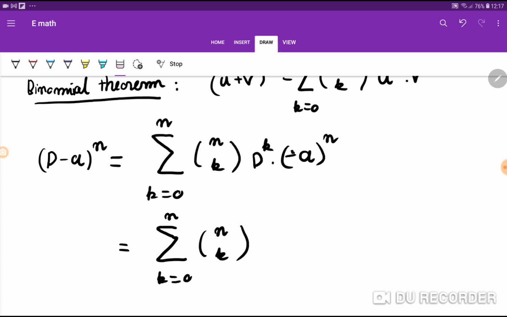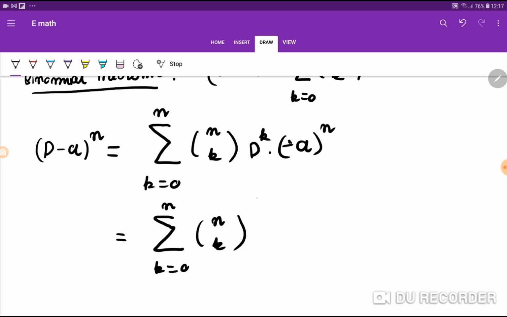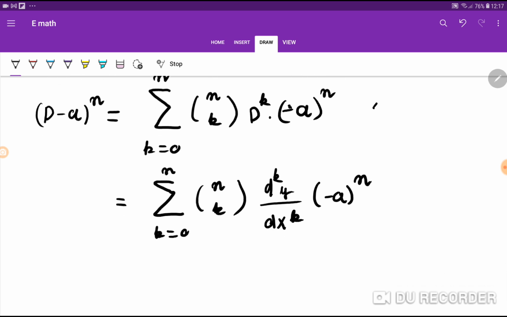Big D has a lot of meaning; in this case, it means the derivative operator. I'm pretty sure y'all know that meaning of big D. Now I'm going to write it like this: d^k y over dx^k. Assume that y is a function of x.